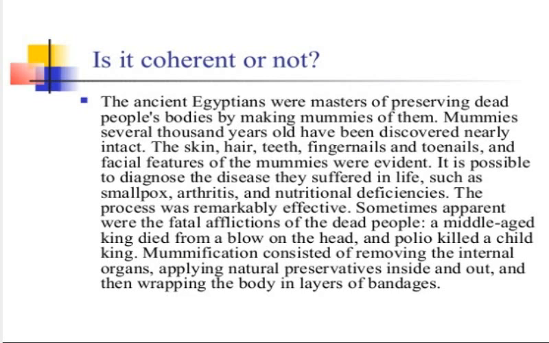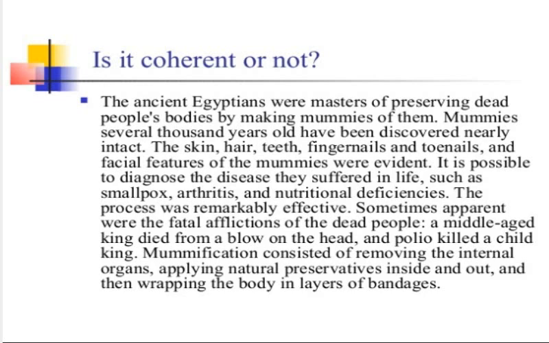Is it coherent or not? The ancient Egyptians were masters of preserving dead people's bodies by making mummies of them. Mummies several thousand years old have been discovered nearly intact. The skin, hair, teeth, fingernails and toenails and facial features of the mummies were evident. It is possible to diagnose the diseases they suffered in life, such as smallpox, arthritis, and nutritional deficiencies.